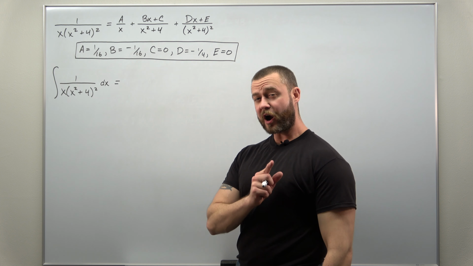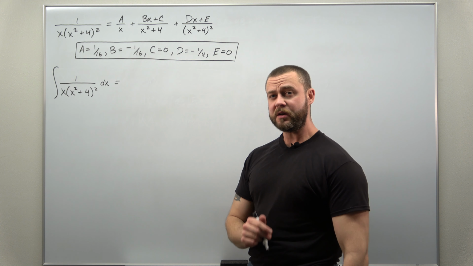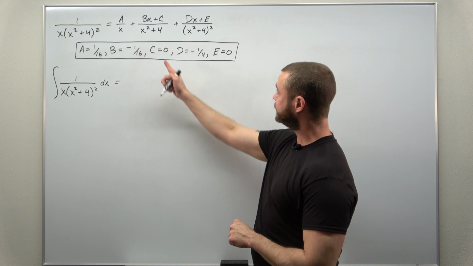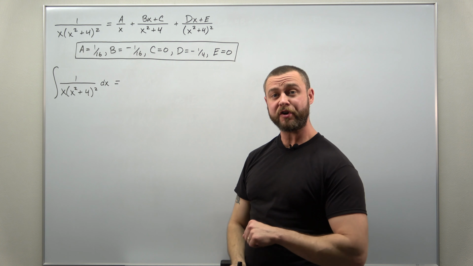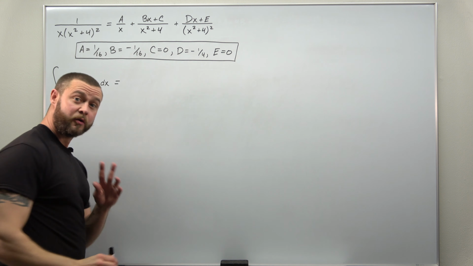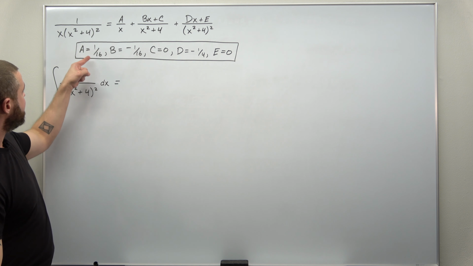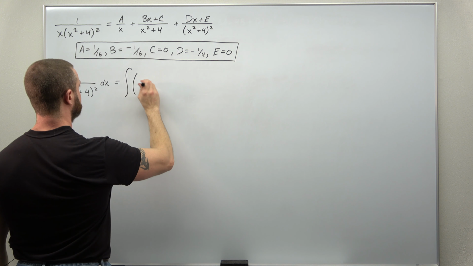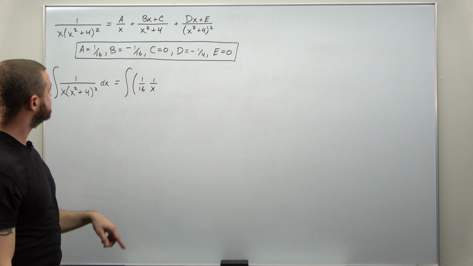Now that we have our values for a, b, c, d, and e, let's plug them in and get to these integrals. Now notice the fact that we have c and e as 0, that eliminates how many terms we have to integrate. And that's pretty nice. So let's write down the integrals that we have to calculate, the terms that do remain. So we have a as 1/16. So we get 1 over 16 times 1 over x.